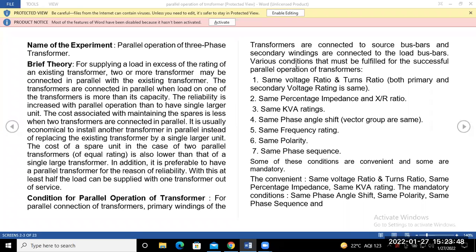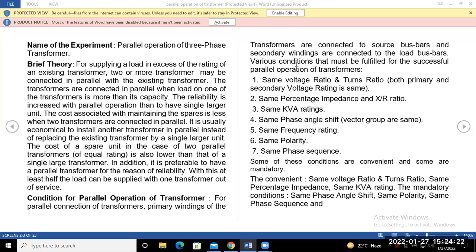And one more advantage I have to mention: if load is required to increase in a particular area, then we just have to install another transformer in parallel with the existing transformer, whatever the power rating of that particular transformer.